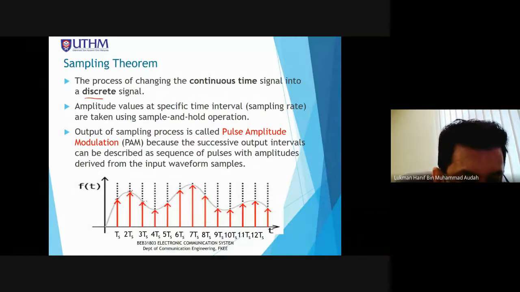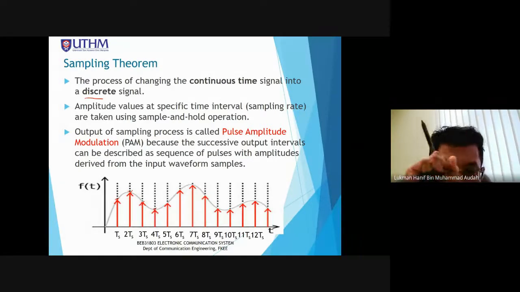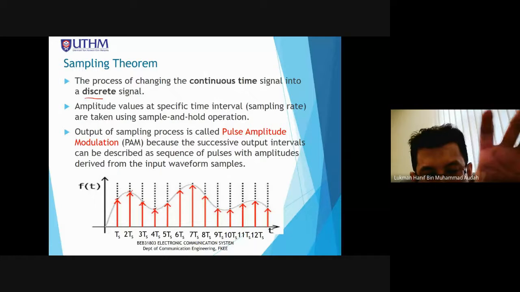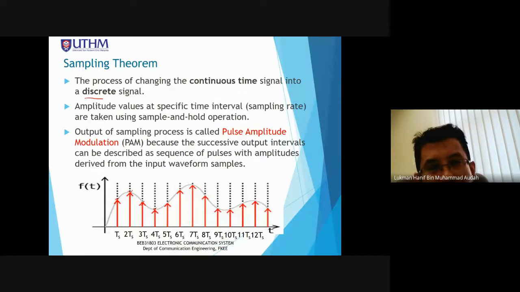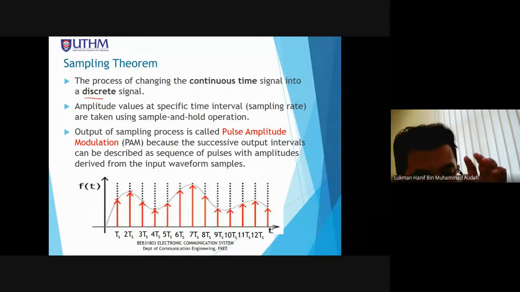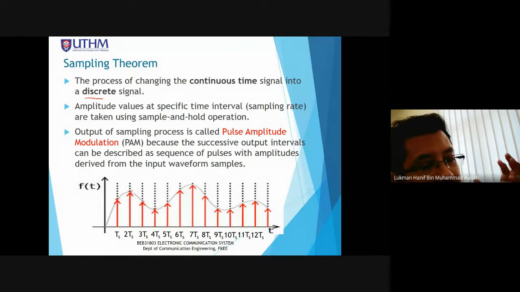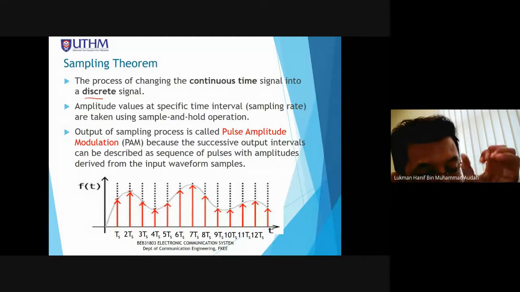We take sample. Kita ambil pada masa-masa tertentu, ambil nilai, berapakah nilai pada masa spesifik. Okay, sample means that we take the value pada masa-masa tertentu.